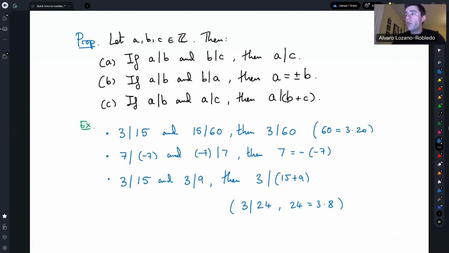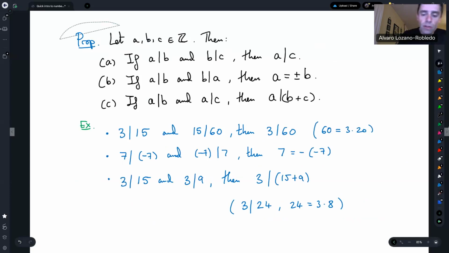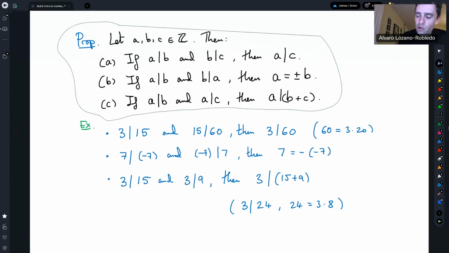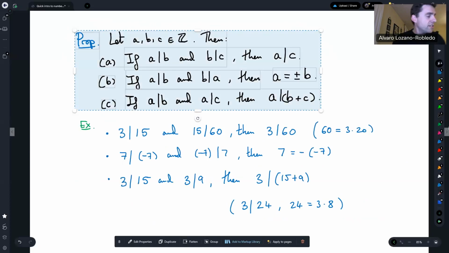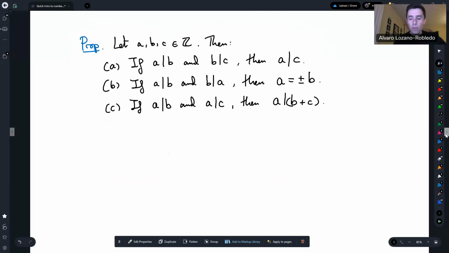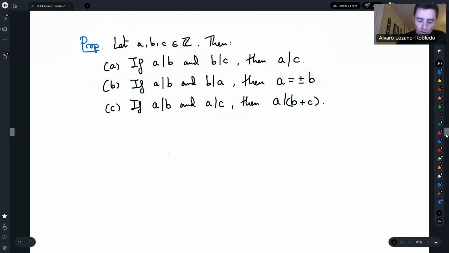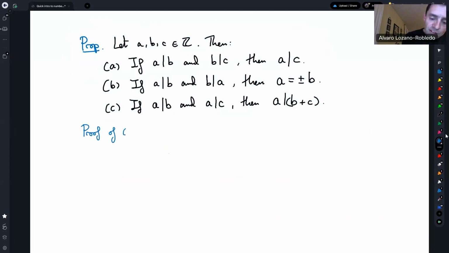Great. So let me show you the proof of the third part. Since I said it's important, I'm going to prove it so you see one proof of how one goes about proving such a thing. So here's the proof of the third part.